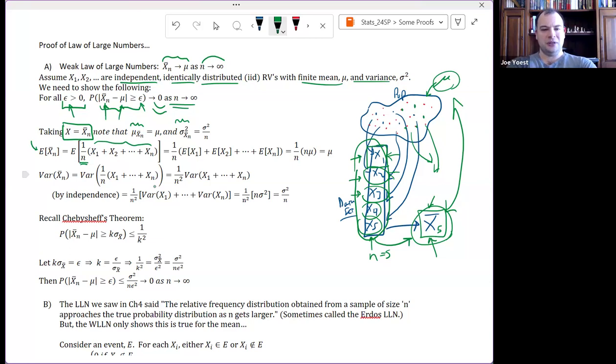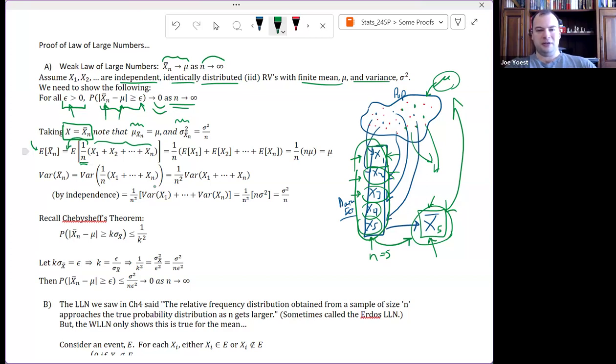But we had seen earlier in section 5.1 that the expected value is a linear operator. The 1 over n is just a constant. That's not random. Say we're taking a sample of size 20, so this is 1/20th. That can just pop out in front of the expected value.